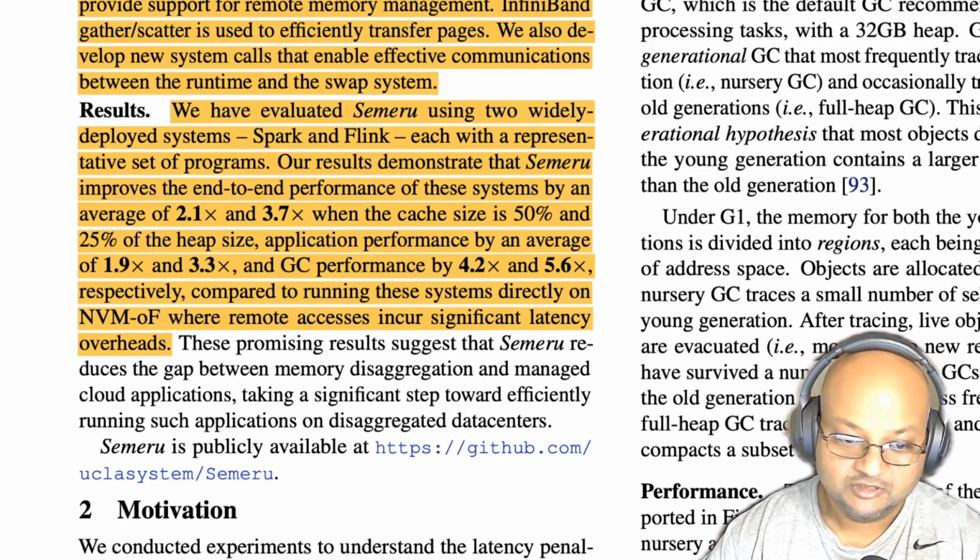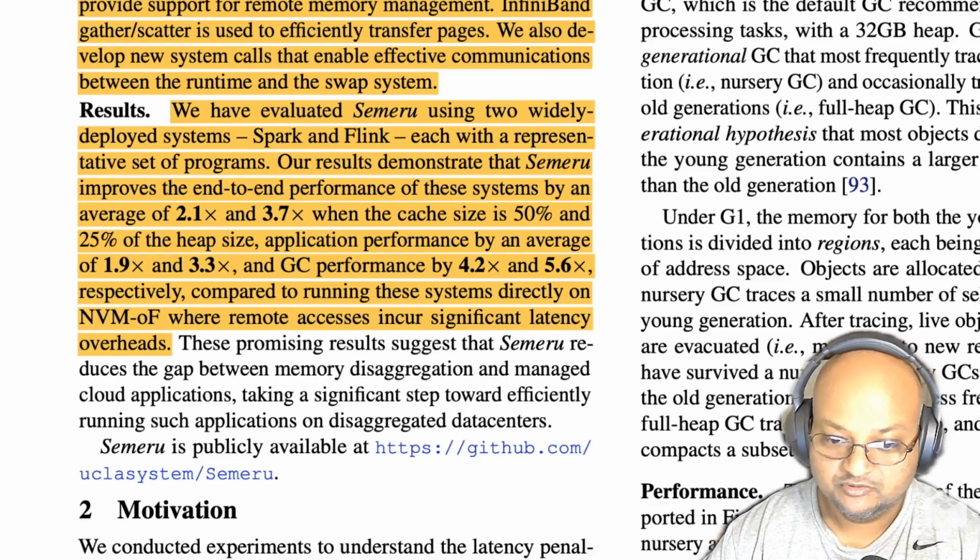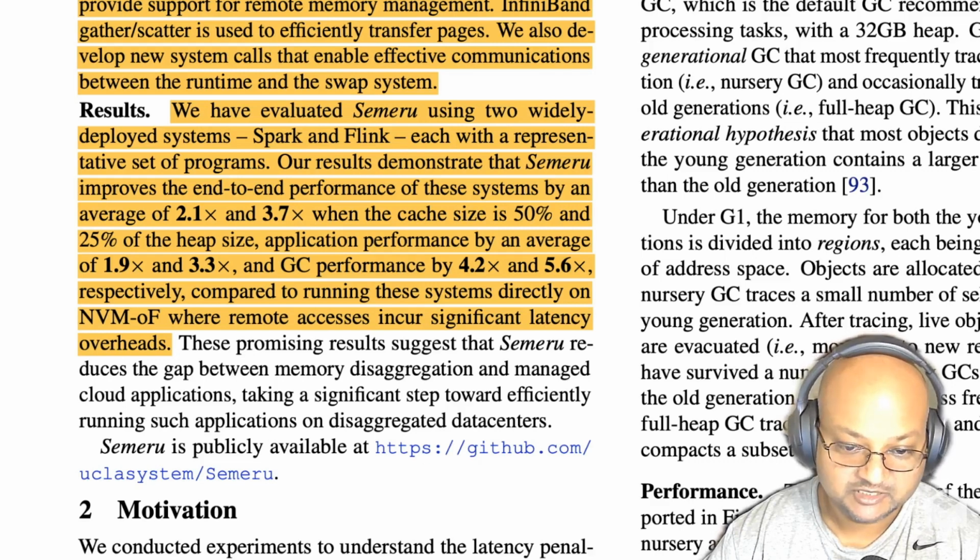So they saw that Semeru improves the performance over this baseline by about 2x when the cache size is 50% and about 3.7x when the cache size is 25%. And garbage collection performance is improved by about 4x to 5.6x depending on the cache size.